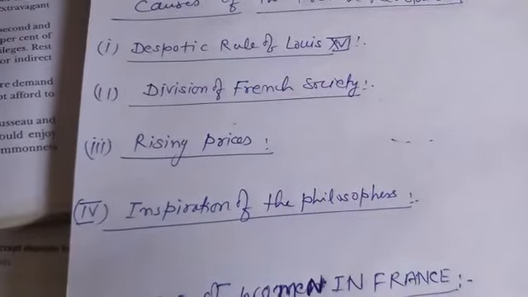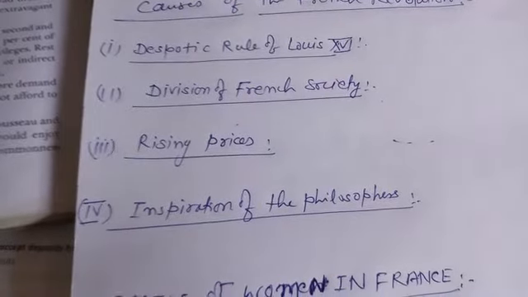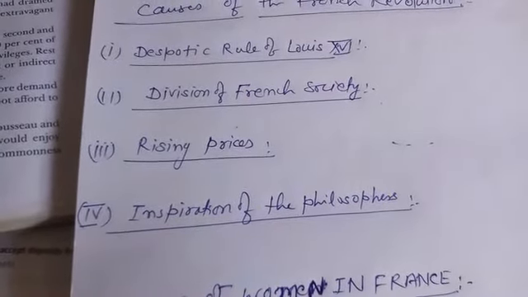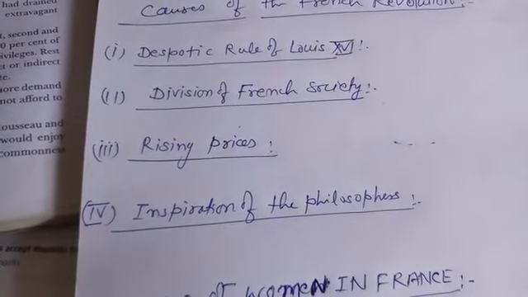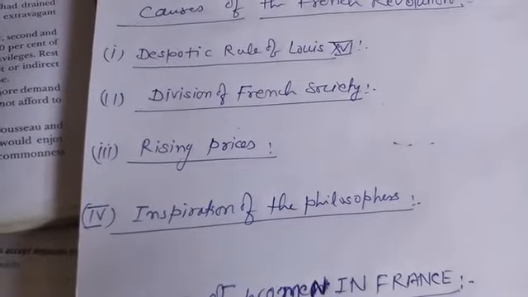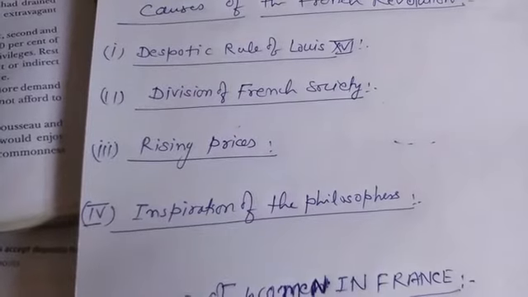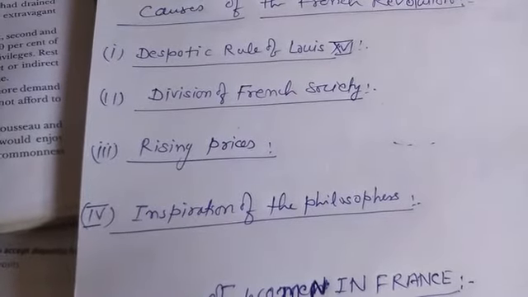Another cause was rising prices. The population of France had increased. This resulted in more demand for food grains, so the price of bread rose rapidly, which the poor could not afford to buy.